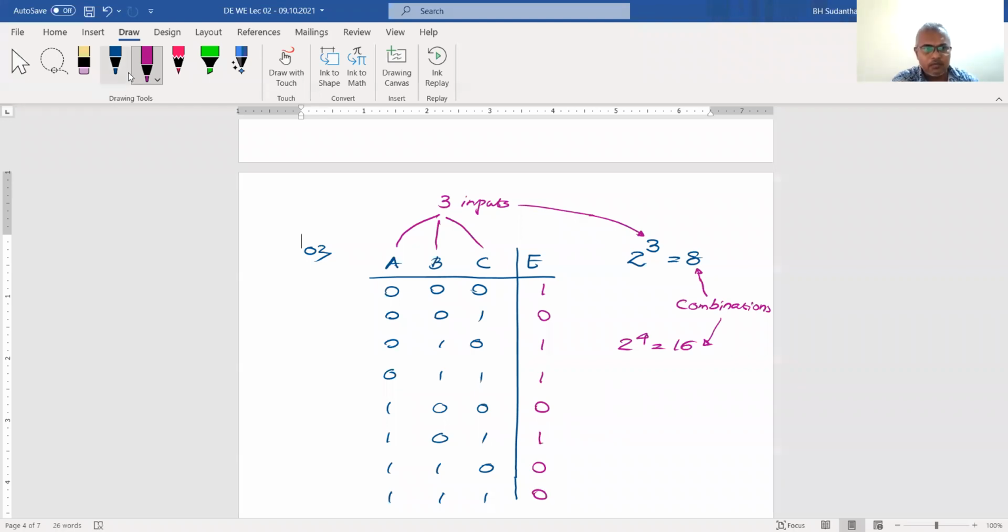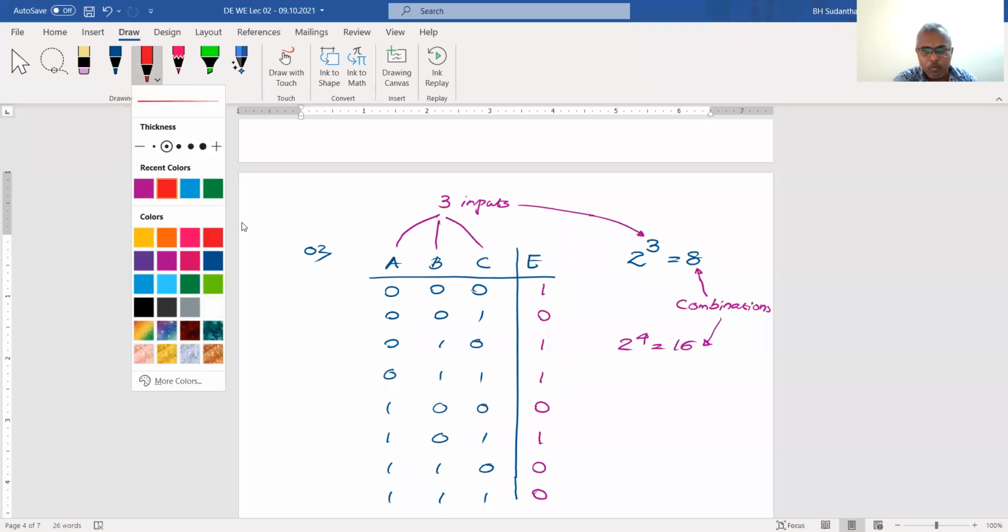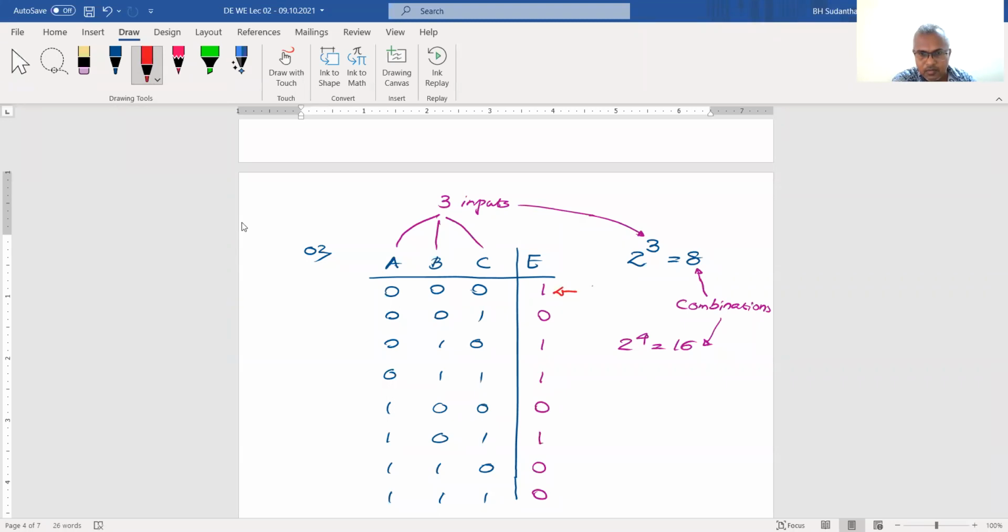So we have to write output terms for this. For 000, this is A bar, B bar, C bar.